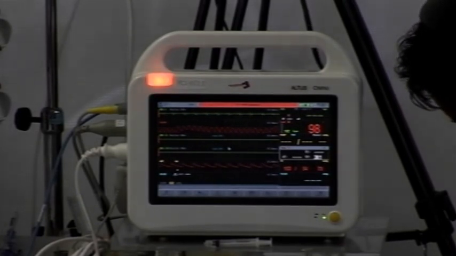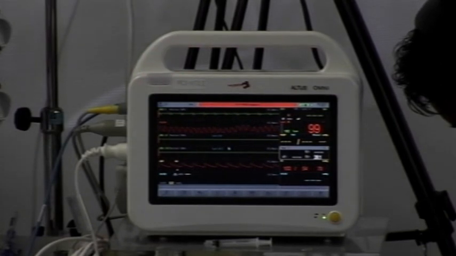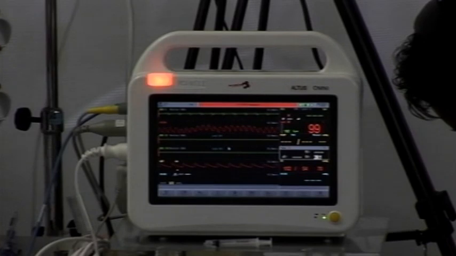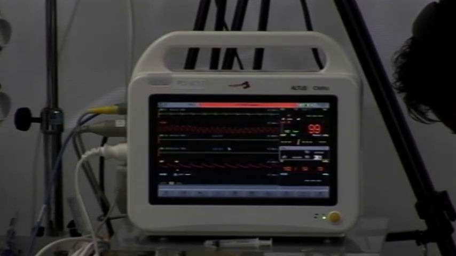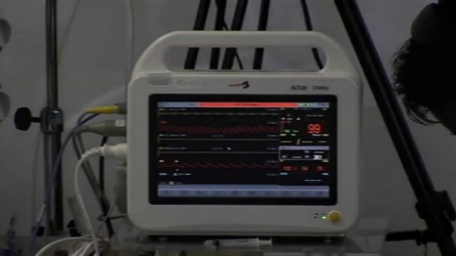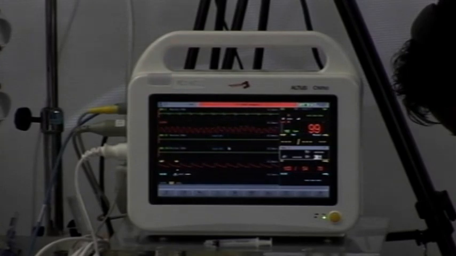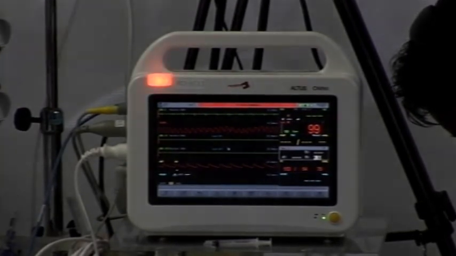What we can do is just to have a look on the chest like before. Can we have a focus on the chest?